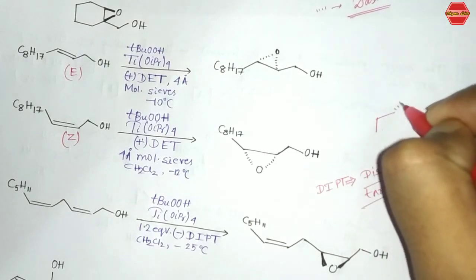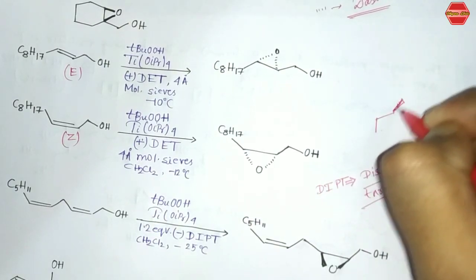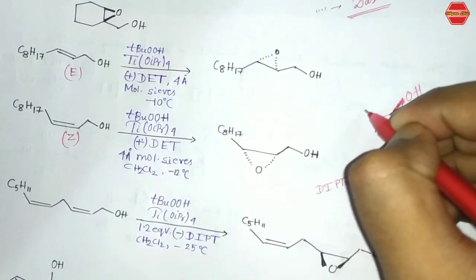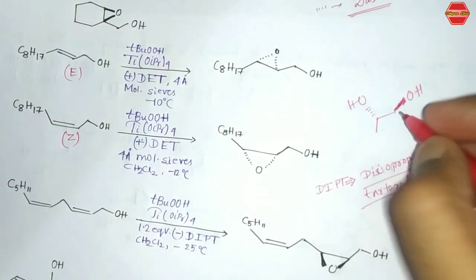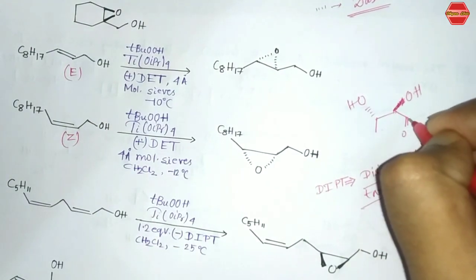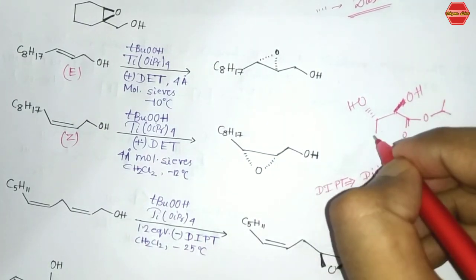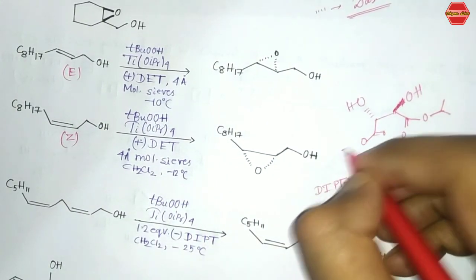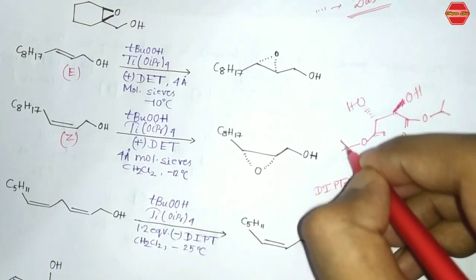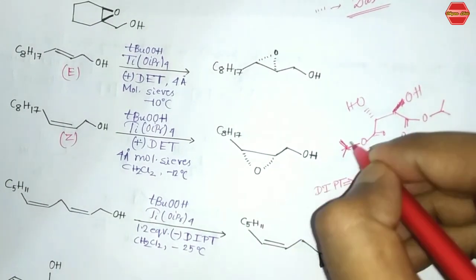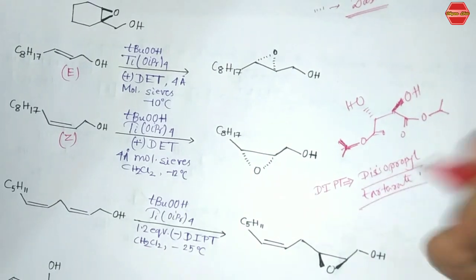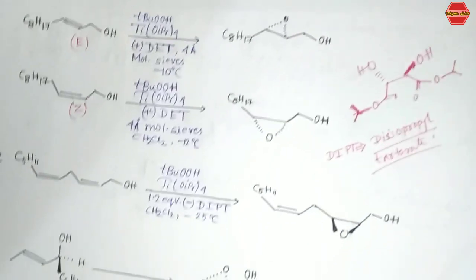This is all similar to the plus DET or minus DET, and the rest of the part is this one. Only this changes in case of DIPT. This is your isopropyl group, which is why it is called diisopropyl tartrate. So this is your reagent.